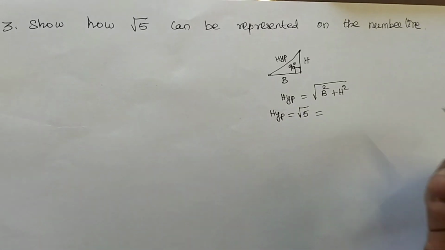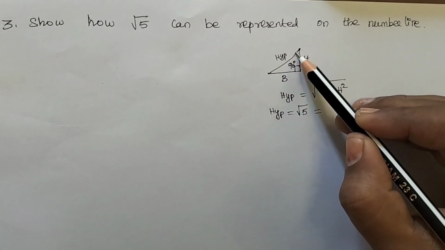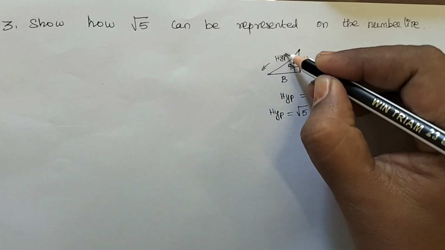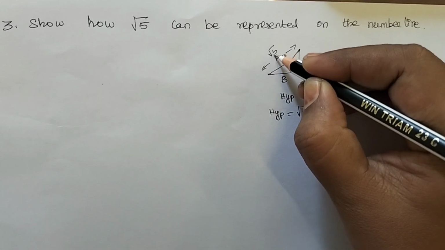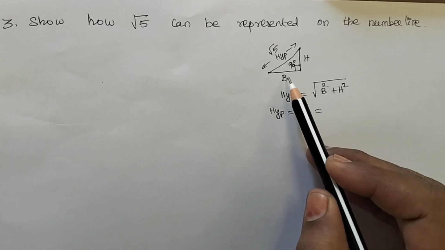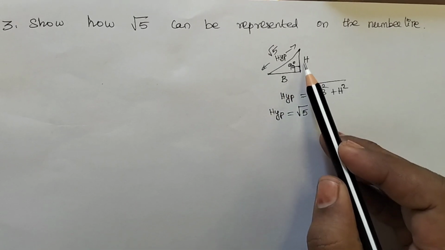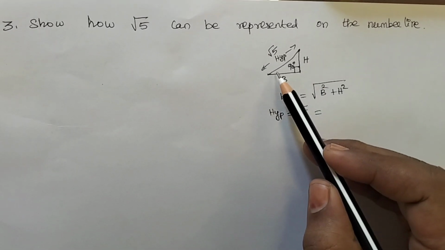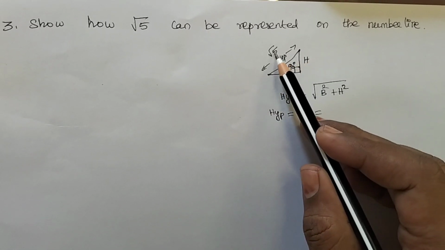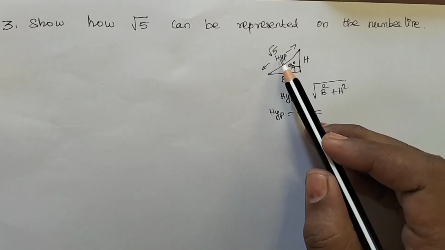So I am considering this measurement as root 5. Why? After finding b and h, I can easily draw the b value and h value, and then when I join this point and this point, I can measure it as root 5.